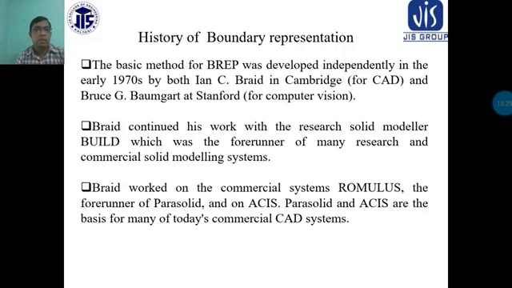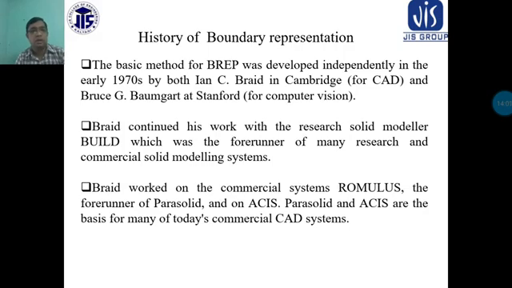The basic method for boundary representation, that means BREP, was developed independently in the early 1970s by both Ian C. Braid in Cambridge for CAD and Bruce G. Baumgart at Stanford for computer vision.